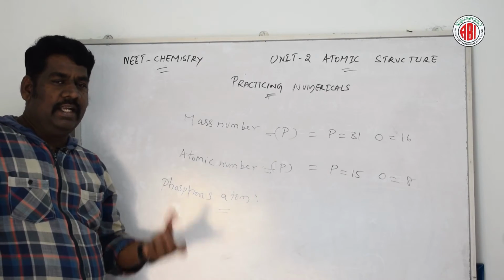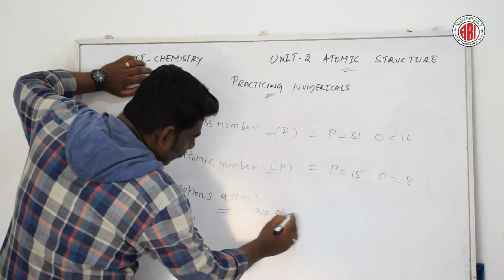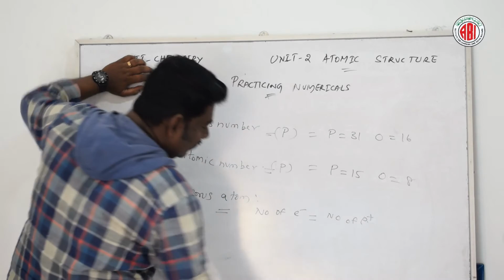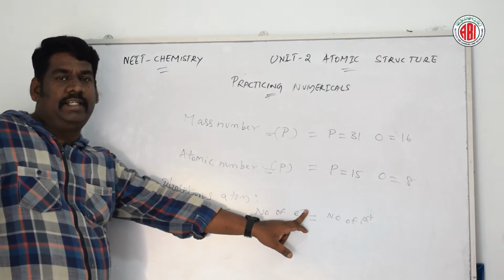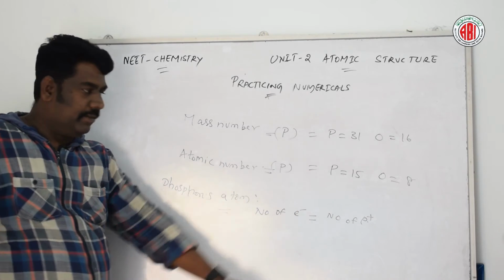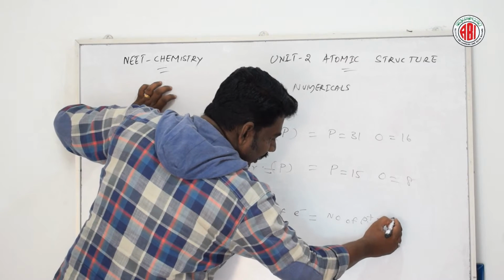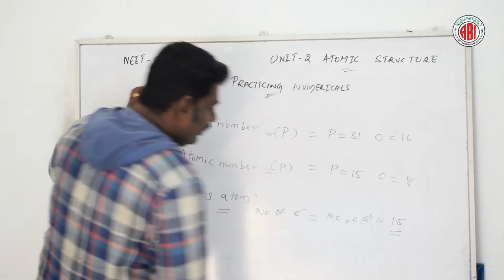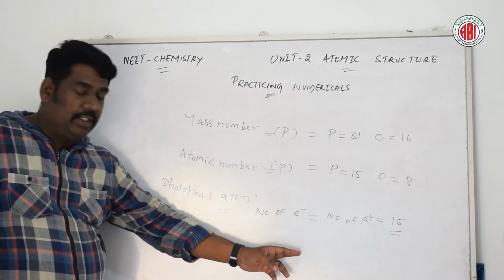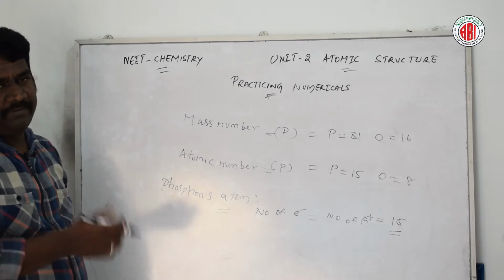Number of electrons is equal to number of protons, which is nothing but the atomic number, and the atomic number is 15.